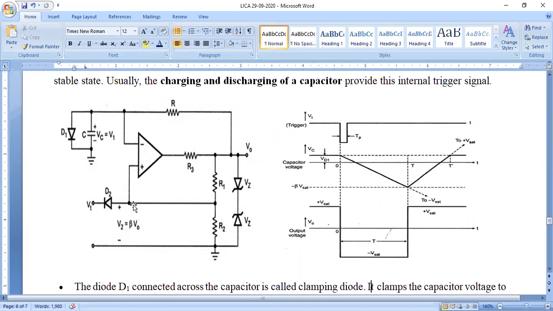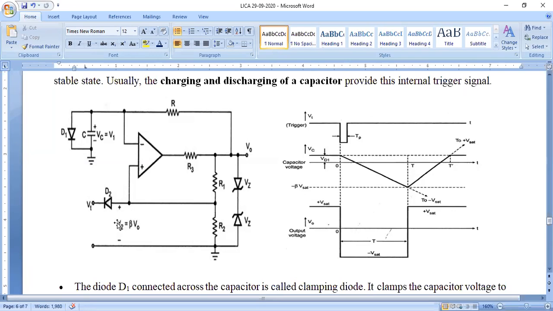That means this particular negative short is applied across the terminals of VT with magnitude V2. The magnitude of this particular trigger is V2. The negative short is applied across the terminals of VT at magnitude V2 through the diode D2.